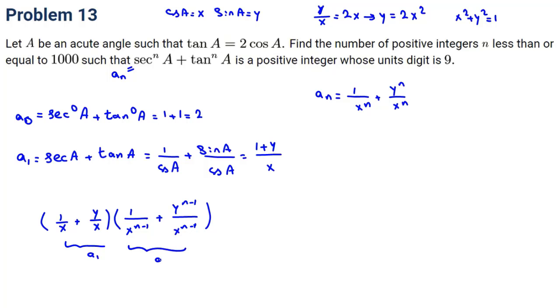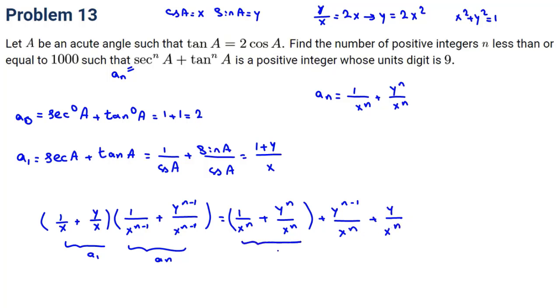Let's see what happens. 1 over x times 1 over x^(n-1) is 1 over x^n, plus second times second is y^n over x^n. First times second will be y^(n-1) over x^n. Second times first is y over x^n.